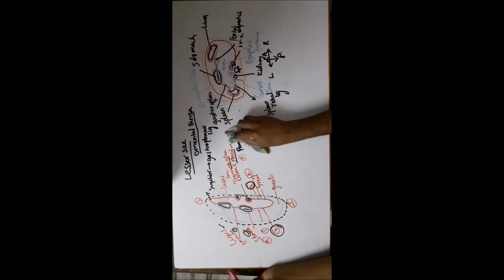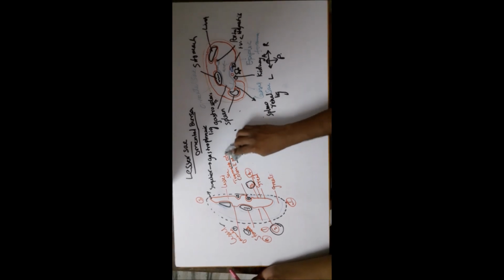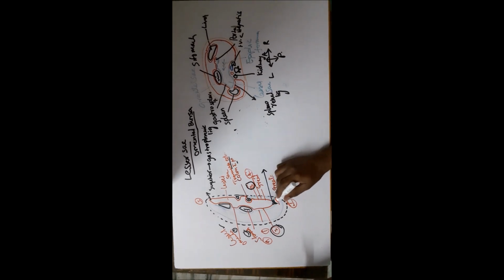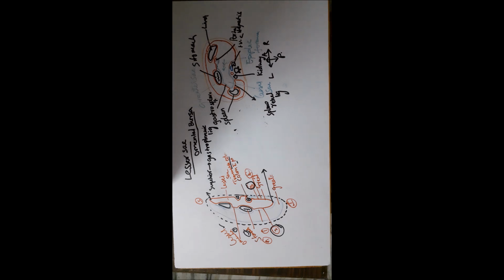We have seen the superior border, and here itself we can see the inferior border. How is that inferior border related? The inferior border is between the anterior layer and the posterior layer of your greater omentum. So this space will be obliterated because both get approximated.